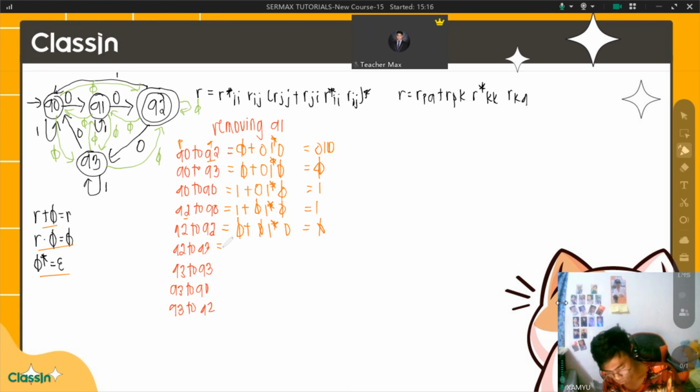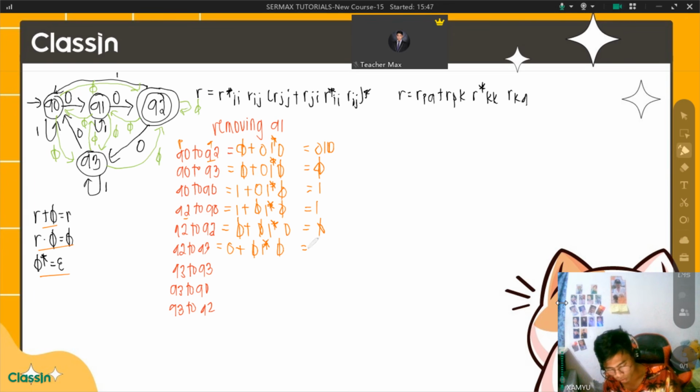And Q2 to Q3, so from Q2 to Q3, that is 0. Then going from Q2 to Q1, that is null. Then Q1 to Q1, that is 1. And afterwards, from Q1 to Q3, that is null.